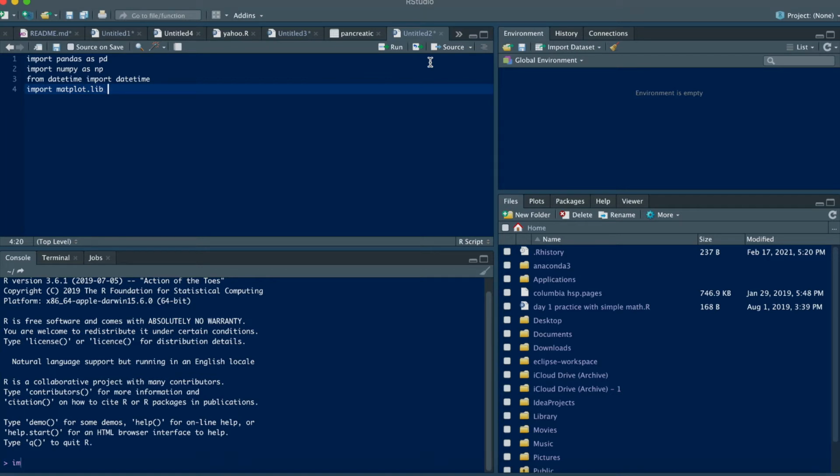The reason we're importing this is that to do a graph, you have to write matplotlib.pyplot as plt.